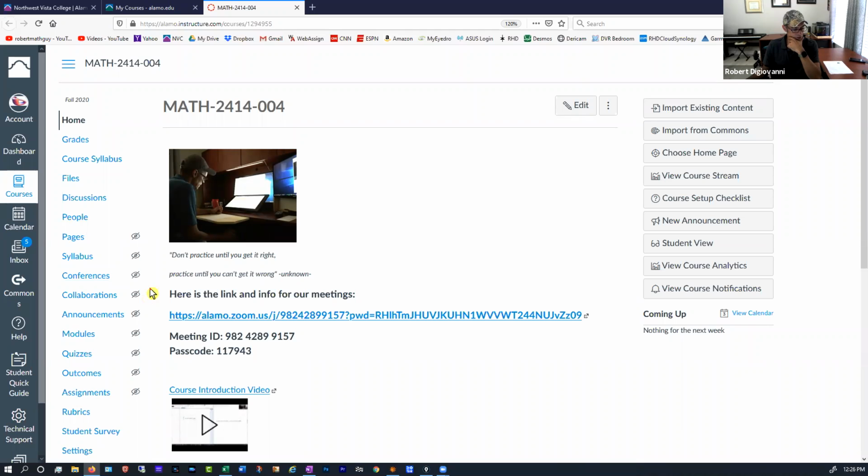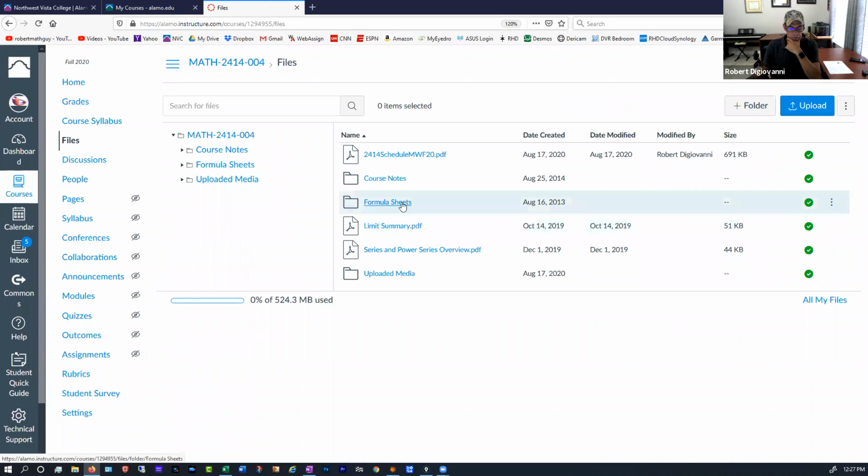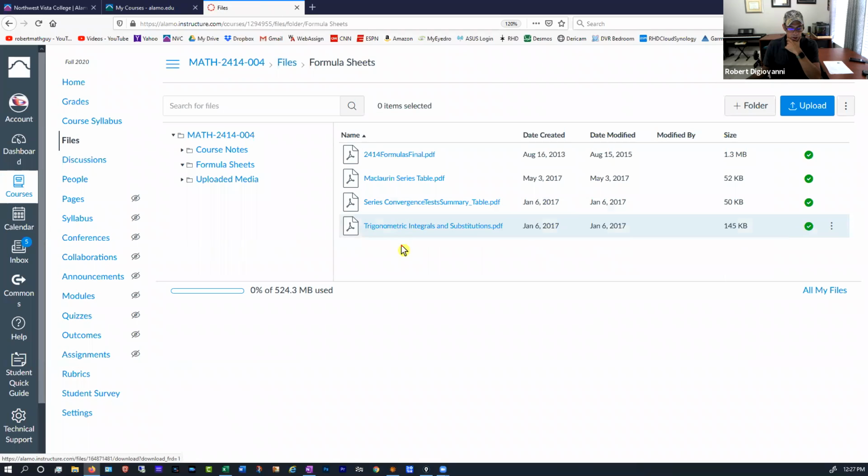So yours looks a little different than this, but if you go to Files and Formula Sheets, and right here, click on that. Now these you can also have on tests, but you actually don't need this test. Starting on exam 2, you'll want to have this one, and then on the last exams you'll want these two.